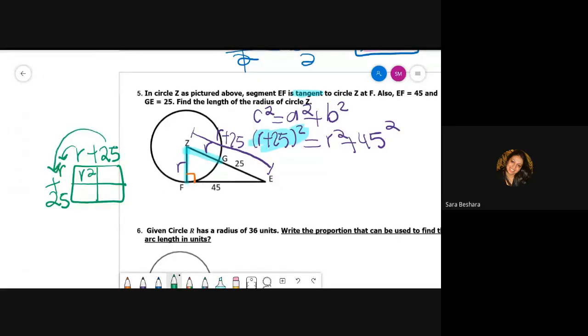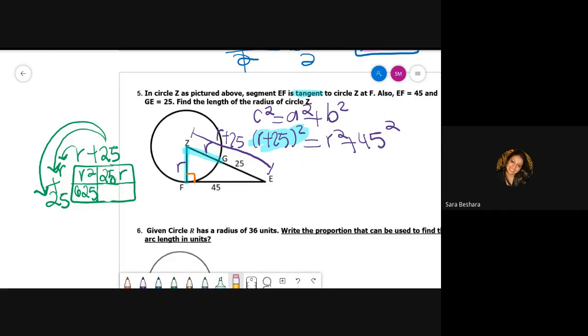Multiply r times r is r squared. 25 times r is 25r. 25 times 25 is 625. Let me just make it bigger so everybody can see it.